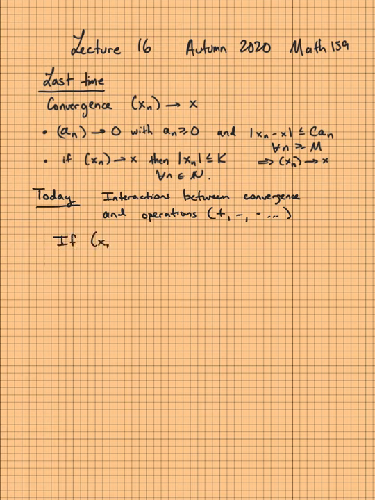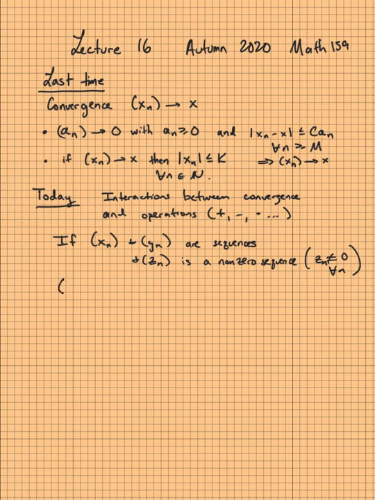So if xn and yn are sequences, and maybe I'll add zn, a non-zero sequence, so that zn is not equal to 0 for all n, then we can form a lot of new sequences by applying our operations.